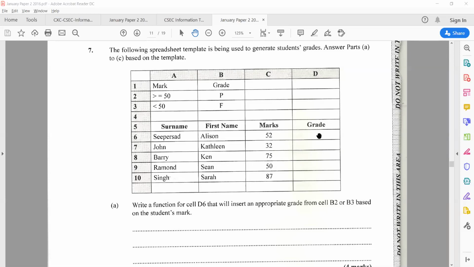And the formula would be equals IF C6 is greater than or equal to 50, then you put the value here, so $B$2, and then a semicolon $B$3. Right? And basically that's saying if C6 is greater than or equal to 50, you're going to get a P. If not, it will be an F.